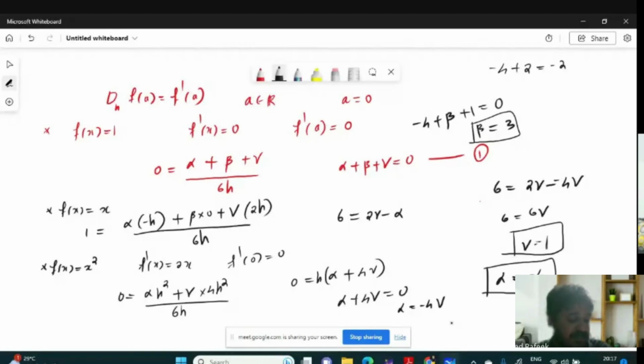Now alpha plus 2 beta minus 2 gamma: minus 4, 2 beta means 2 into 3, minus 2 gamma is negative 2. Minus 4 plus 6 minus 2 is equal to 0. Option D is incorrect. Option B is correct. So options A, B are correct.